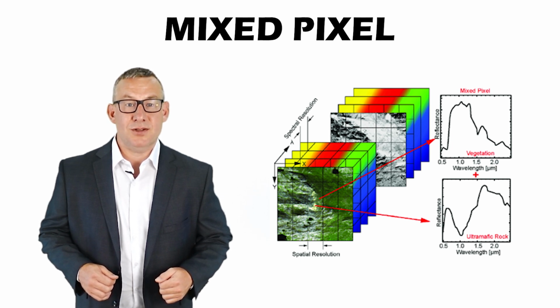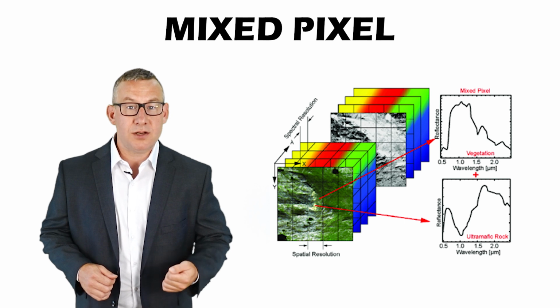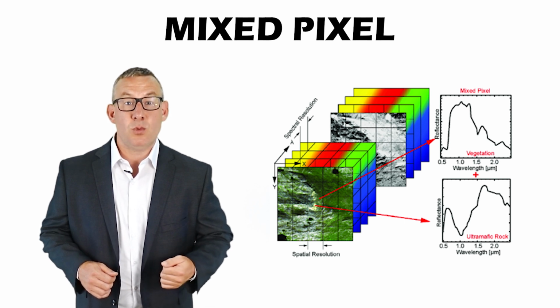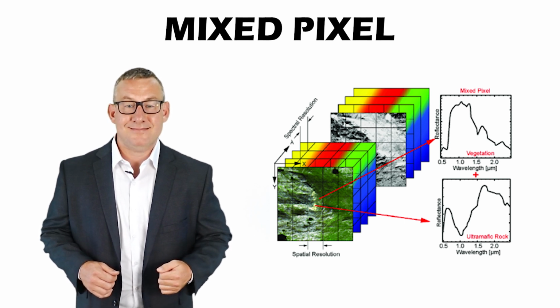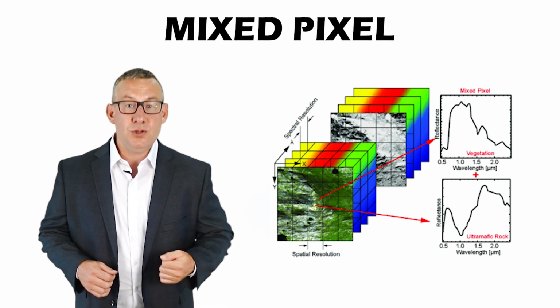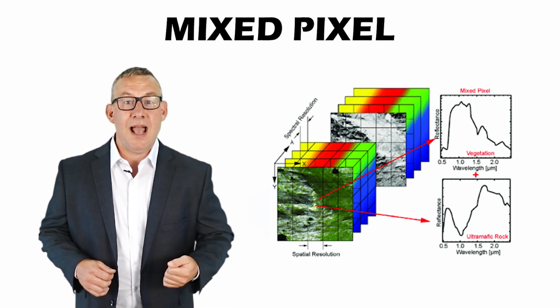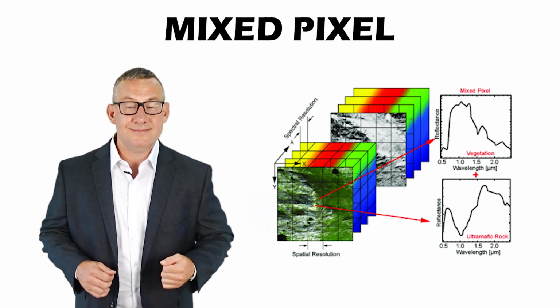A mixed pixel. A mixed pixel is a condition whereby more than one category of object is present within a single grid cell. Possible solutions to the mixed pixel problem are: you could rank the categories and assign the more important category.